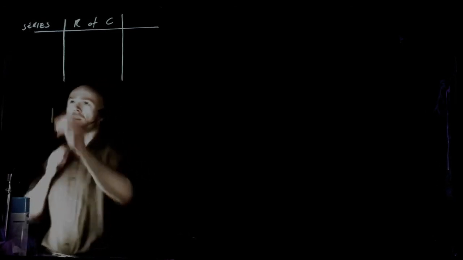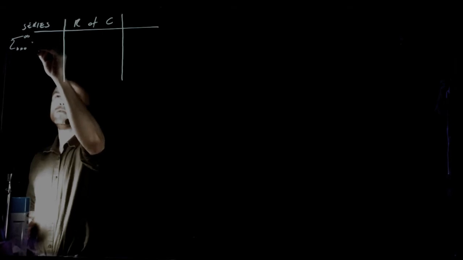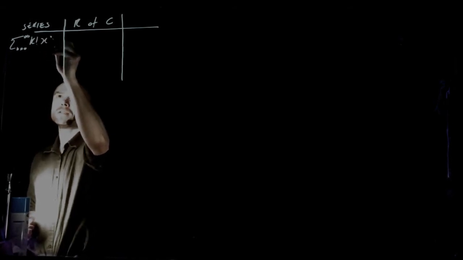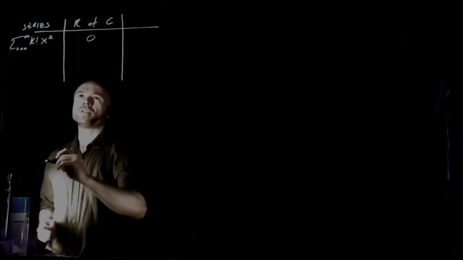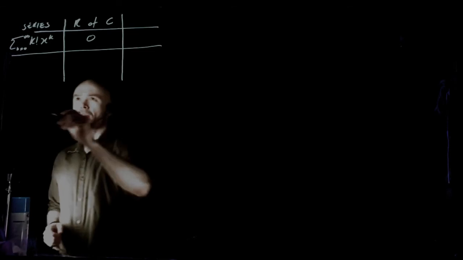So, what was the first example? It was the sum from k equals 0 to infinity of k factorial times x to the k. The radius of convergence was 0.